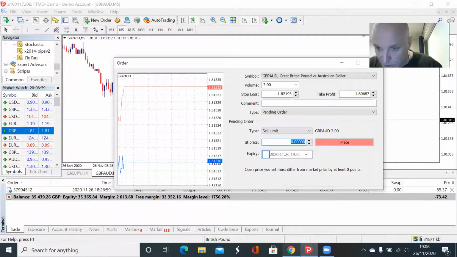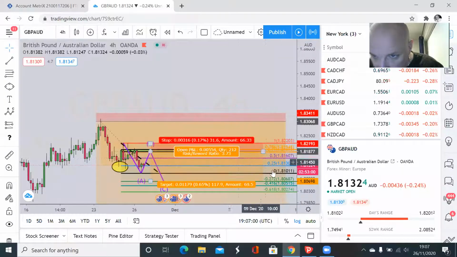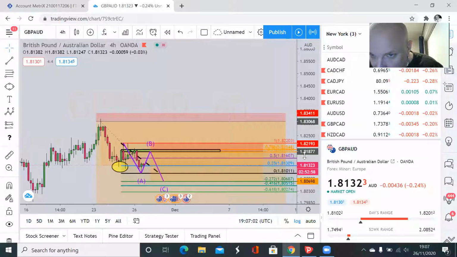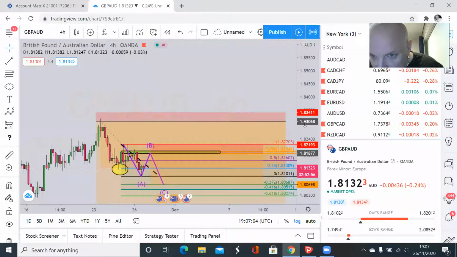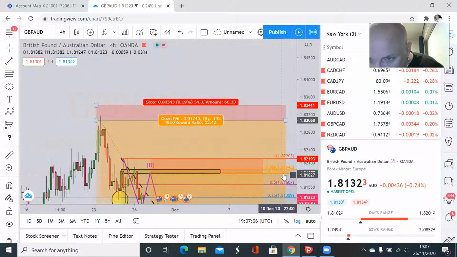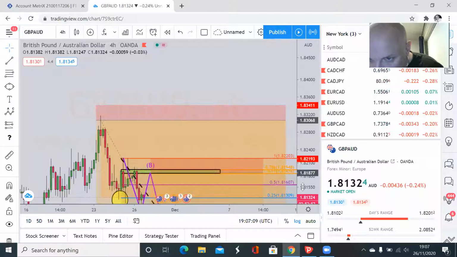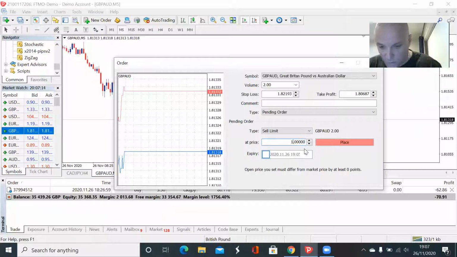The buying price or the entry level, we're looking at around about, let's get this up, 180, because it is the orange line here, 1.81858.